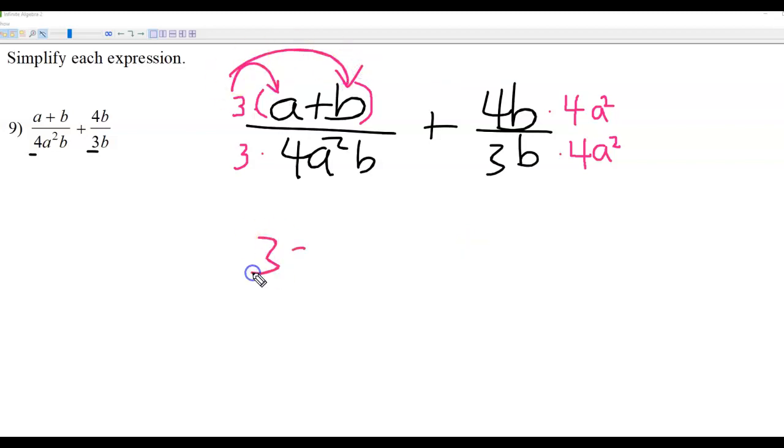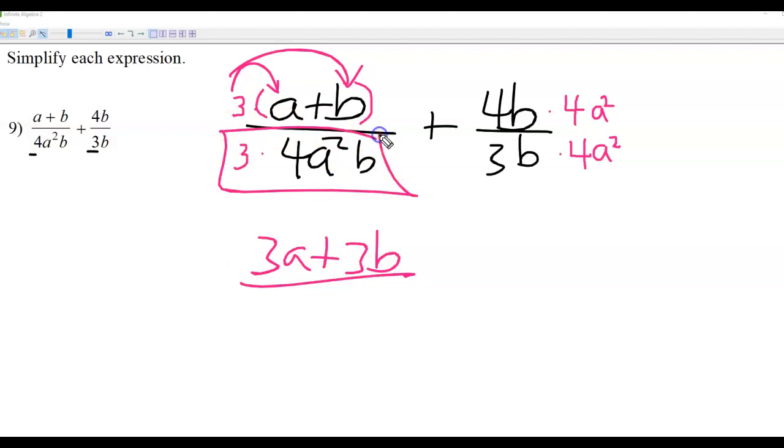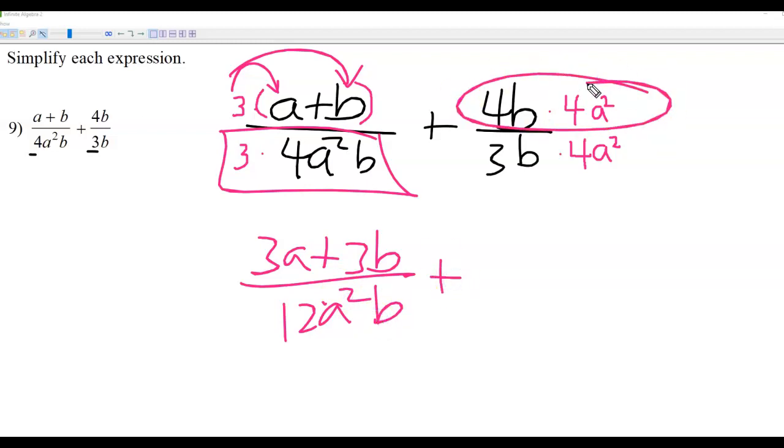So you're going to have 3A plus 3B over, this is going to become 12A squared B plus, putting these together, we're going to get 16A squared B. And on the bottom, we have 12A squared B.